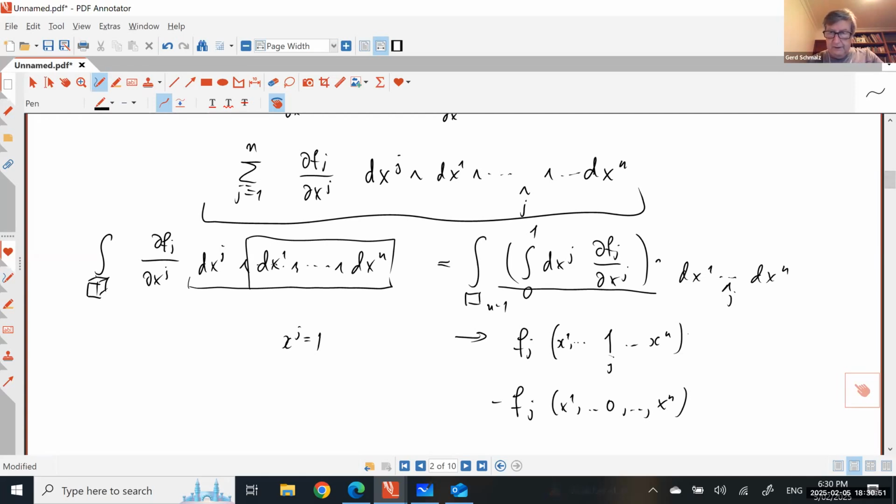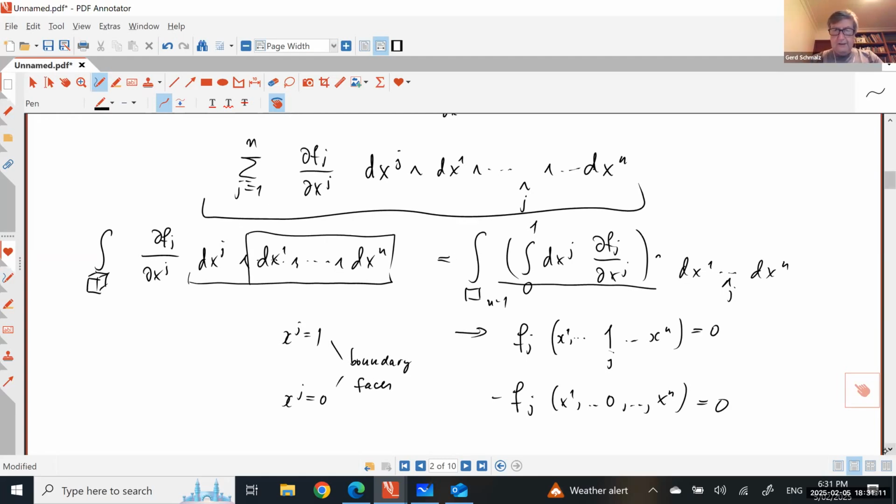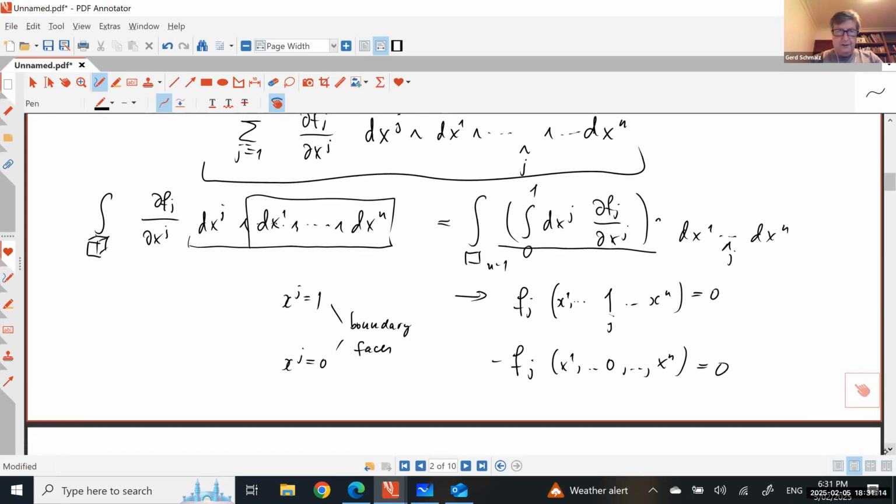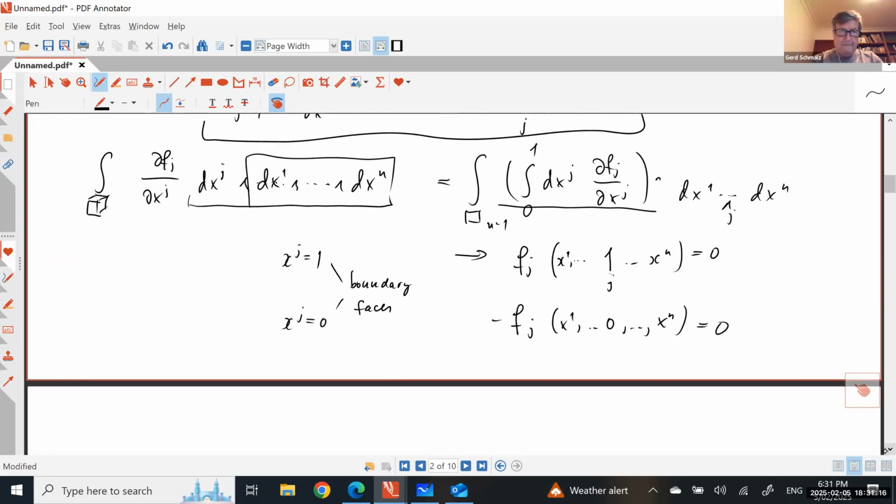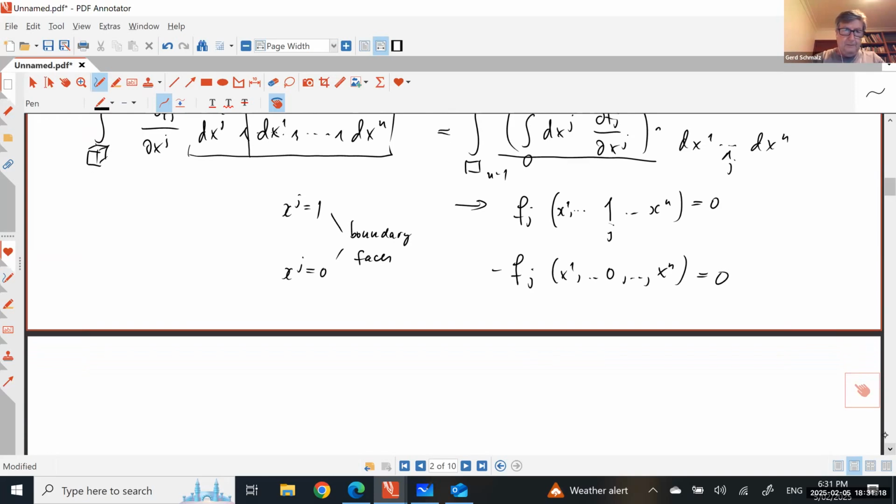So here, this is, of course, 0. And this is also 0 on the lower face, the face x_j equals 0. These are boundary faces, and here everything is 0. It's not so much different when we have a boundary chart.